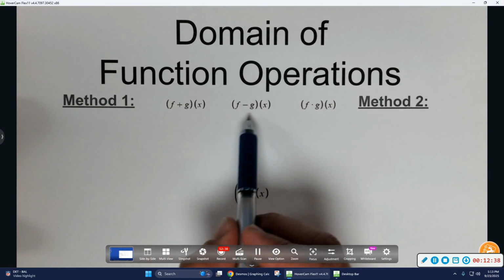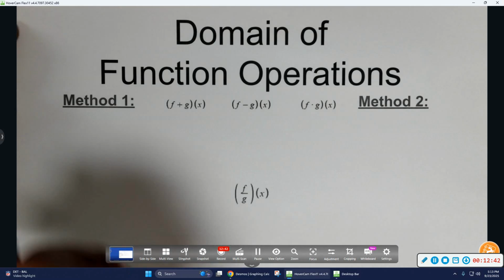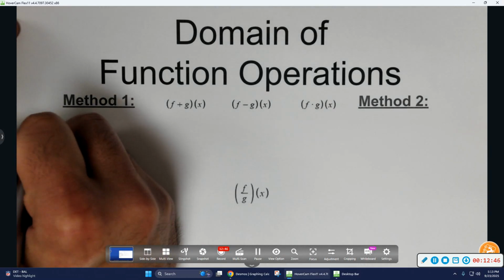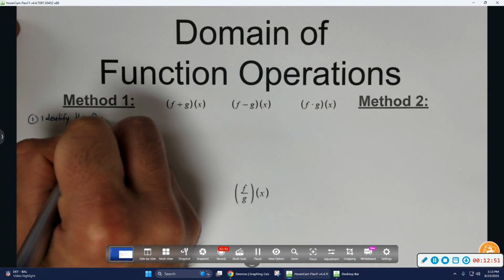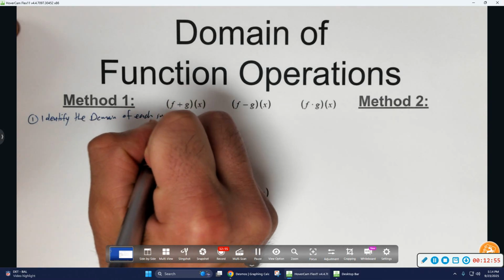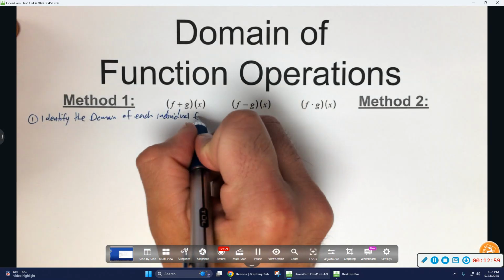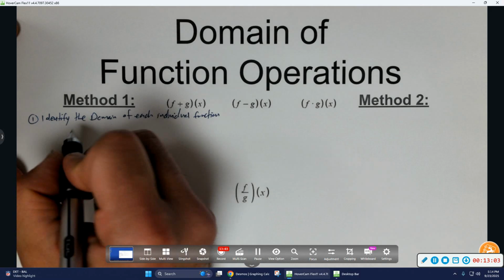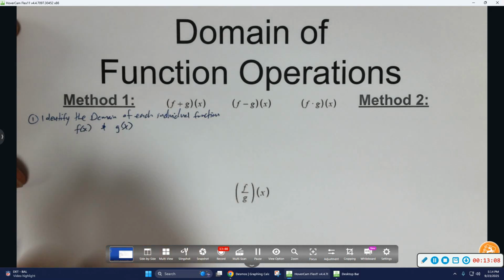When I'm adding, subtracting, and multiplying the functions, my first method would be, let's do this in steps. Step 1. Identify the domain of each individual function. So find the domain of f of x and find the domain of g of x.